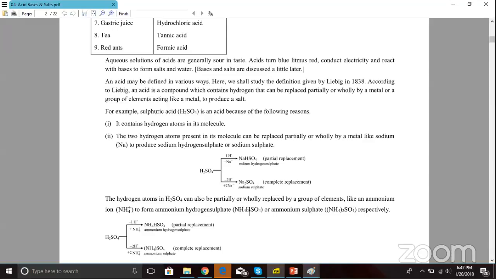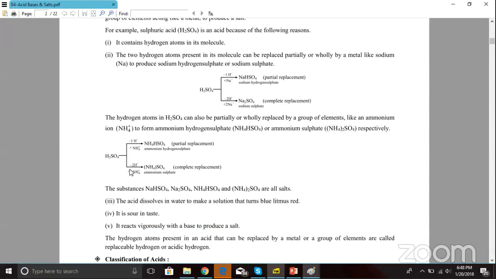Suppose the other hydrogen is also replaced by NH4+, meaning we have NH4 twice. The 2 indicates that this is a compound ion, NH4 with a +1 charge. So to write the 2, we should not write it on the hydrogen. We have to place the whole in brackets and write (NH4)2SO4. This is ammonium sulfate.